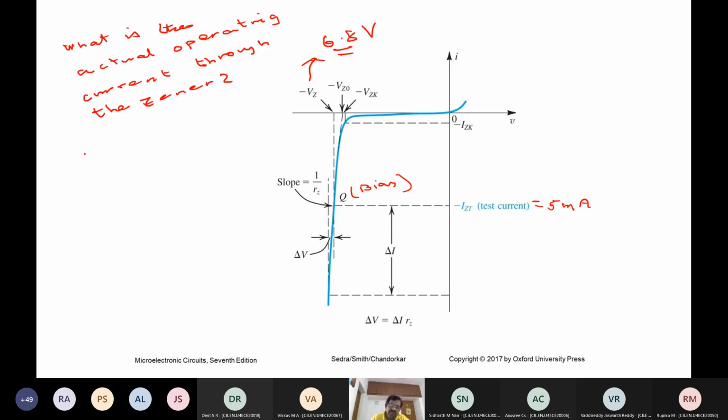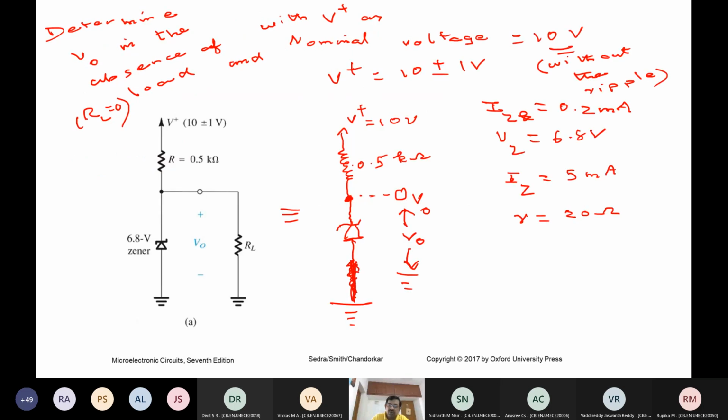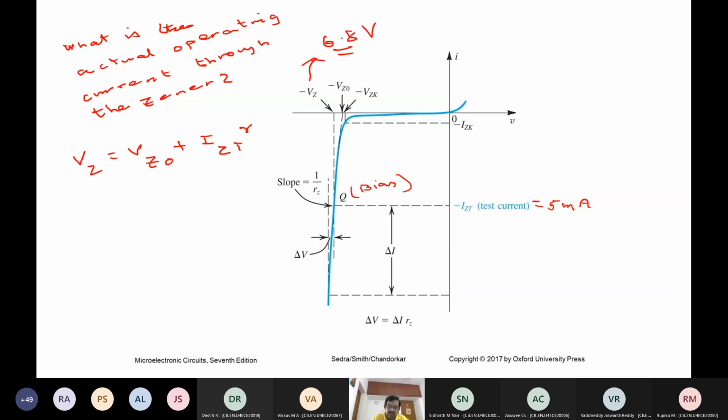So to find VZ0 using the nominal point, I use this equation: VZ equal to VZ0 plus the test current IZT times rZ. Okay, so the equivalent circuit for this will be in this fashion.